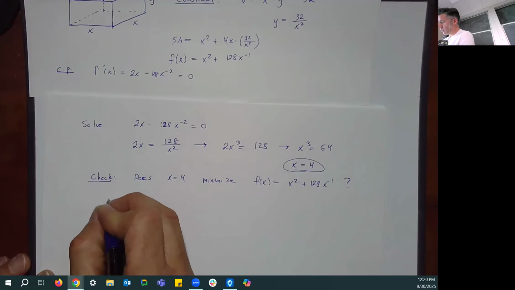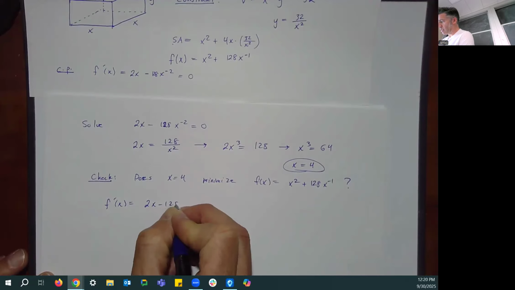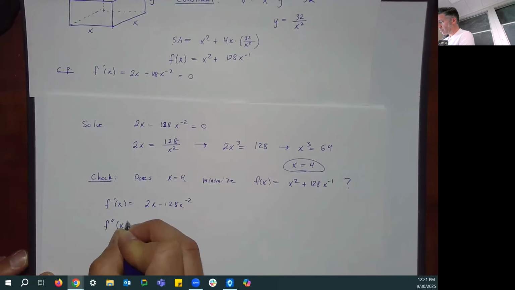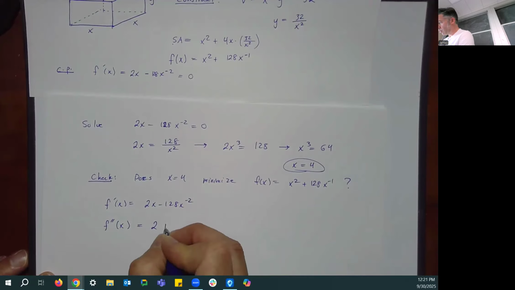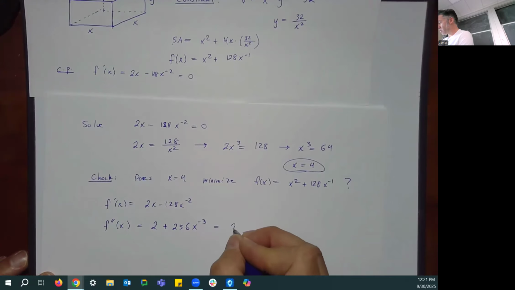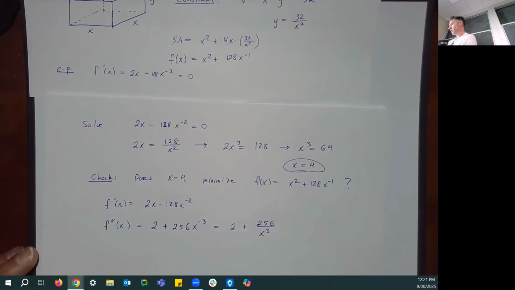So our first derivative was 2x minus 128 x to the negative second. And our second derivative is 2 plus 128 times 2, which is 256, times x to the negative third. Or as I'm going to write it, 2 plus 256 divided by x cubed.